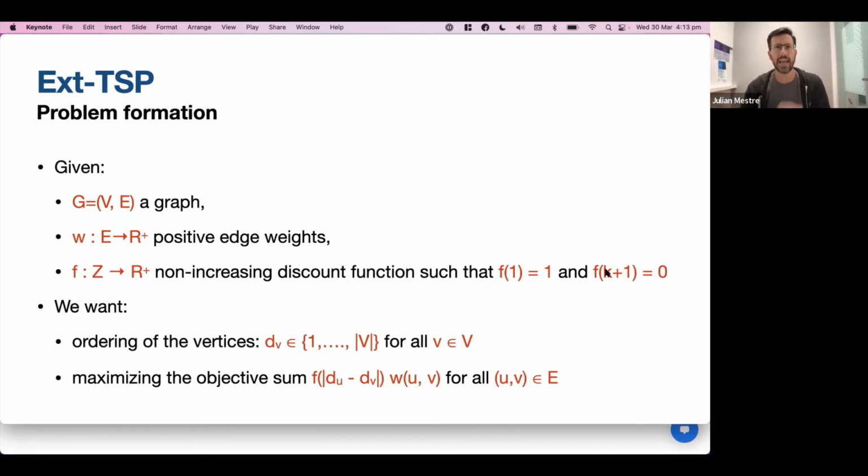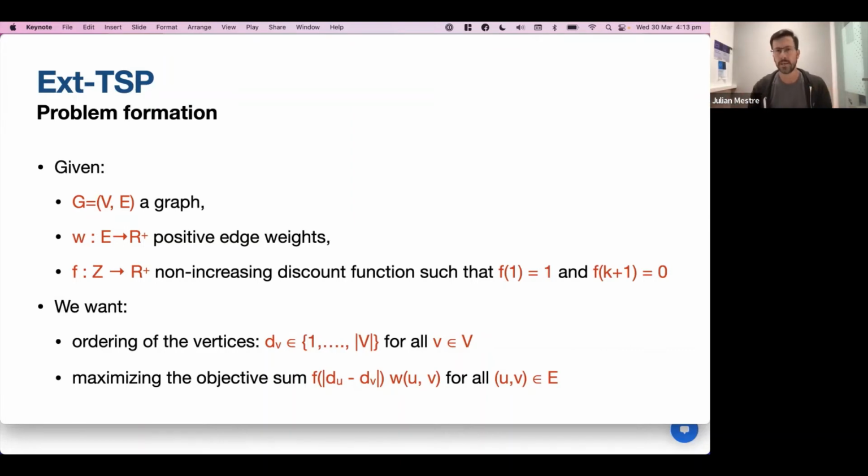So there is some parameter K that more or less is in tune with the size of the cache lines in your system, beyond which I don't get any benefit from that jump. It's all going to be most likely cache misses. So I don't want to count those. And in between, I need to interpolate.